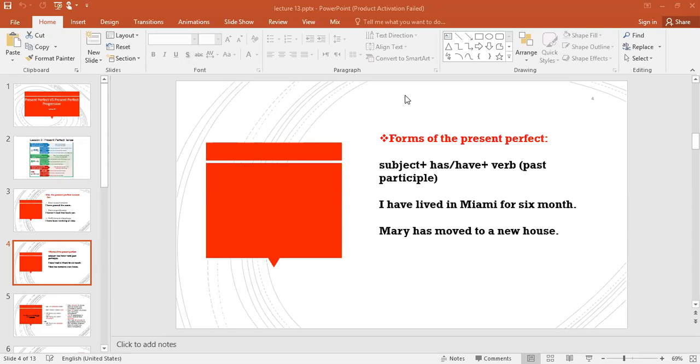Past. Very good. The past participle of the verb. You can memorize the past participles of the verbs in the list of irregular verbs. You can find the past participle of every verb. Okay, very good. So the form of the present perfect is have or has plus the past participle of the verb.